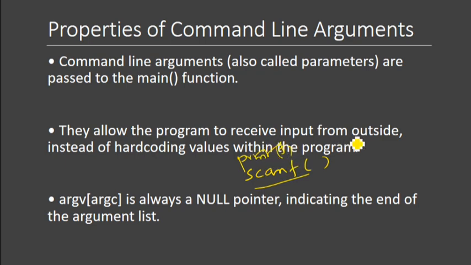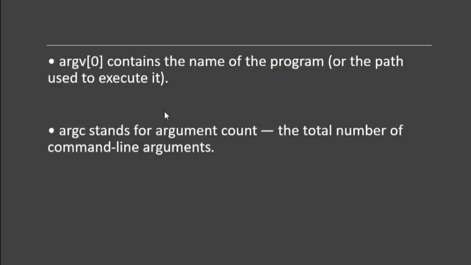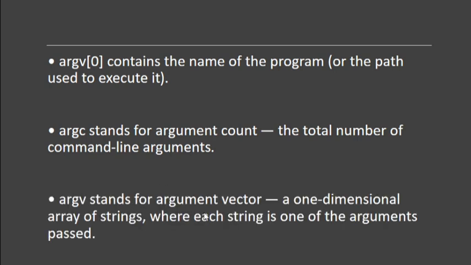I can give them directly from outside, that is, the command line. argv always ends with a null pointer, indicating the end of the argument list. argv[0] contains the name of the program or the path used to execute it. argc stands for argument count, the total number of command line arguments. argv stands for argument vector, a one-dimensional array of strings where each string is one of the arguments passed.